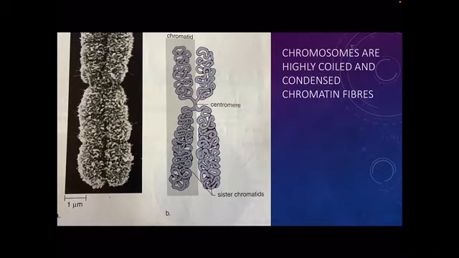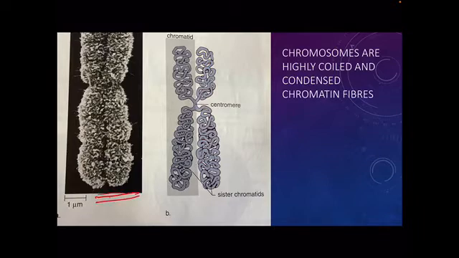When cell division starts, at that time this chromatin fiber gets condensed, and the nucleus, which has so much chromatin fiber, becomes condensed and is converted into a chromosome. You can see here the picture of a chromosome.